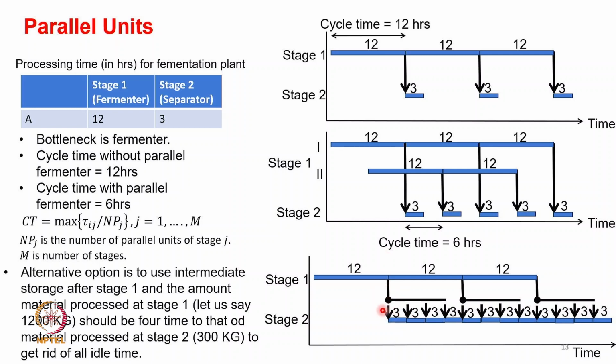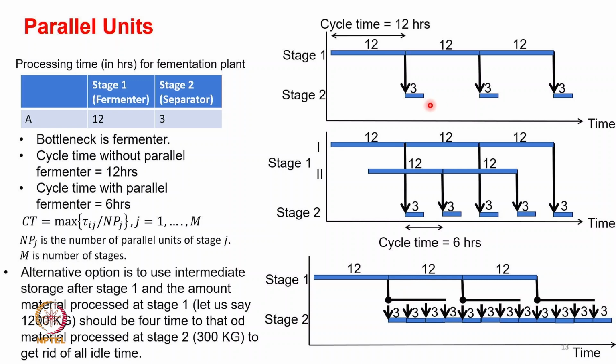You have it in storage, so the production facility is available and you will not lose this wait time. As soon as the operation of stage 2 is completed, whatever is there in your storage you can pass on to stage 2, and you can keep on operating without any intermission.